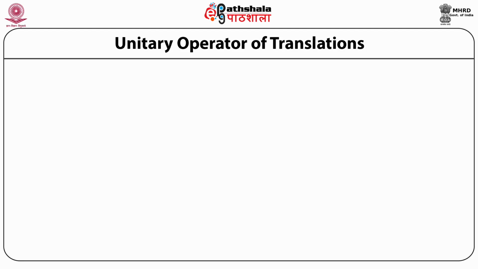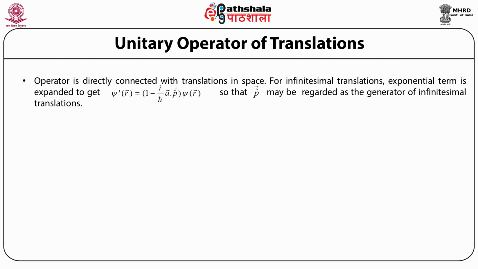Unitary operator of translations. Based on the result that we have obtained earlier for the wave function psi prime, we can see that the momentum operator is directly connected with translations in space.